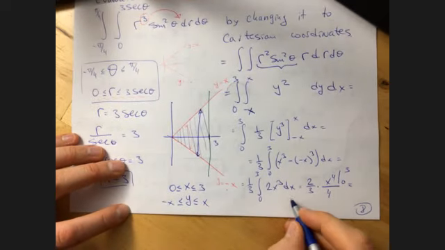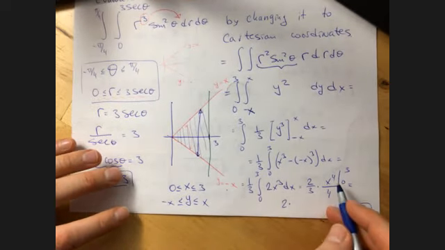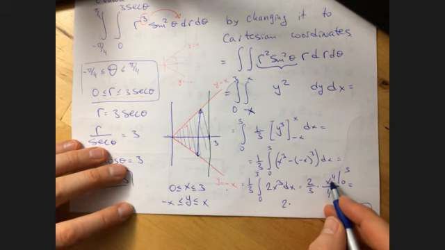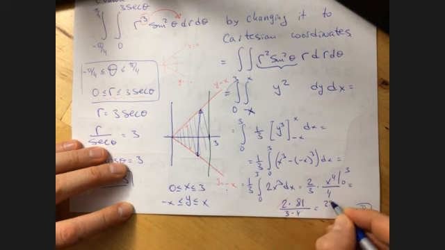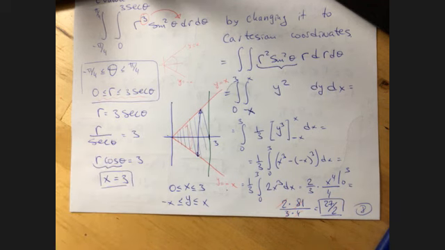And that is how much? 2 times 81 over 3 times 4, right? If you simplify everything, 2 cancels with 4, 81 cancels with 3, I get 27 over 2. Thank you very much. That was it for this video.